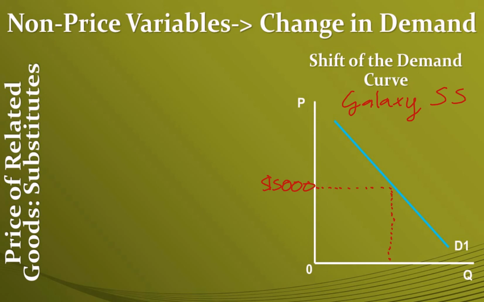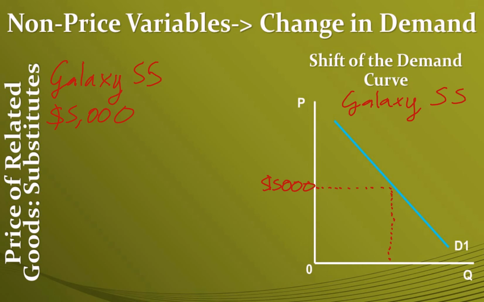Again, what we're interested in knowing is what would happen if a different product, a related product, in this case a substitute, would change its price. In this case, we will have the Galaxy S5, and let's say it costs 5,000 pesos. The price of that Galaxy will not move.